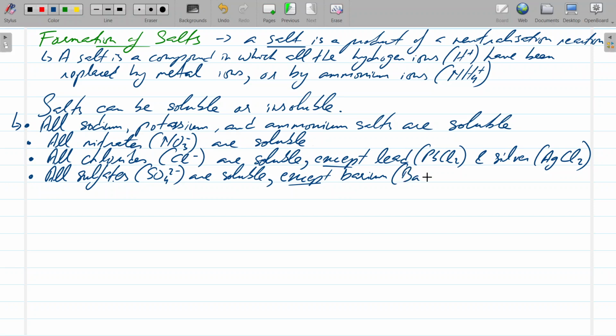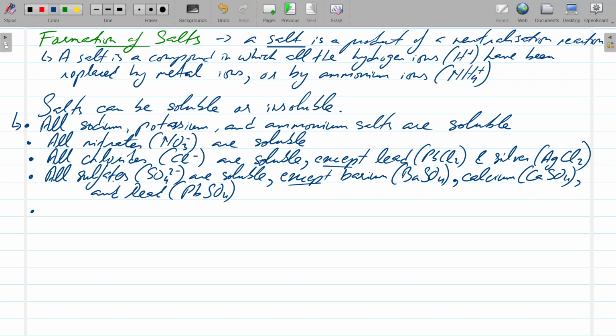So BaSO4, calcium sulfate, CaSO4, and lead sulfate, PbSO4. These three are not soluble, insoluble.